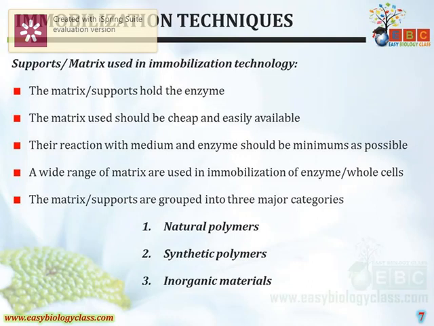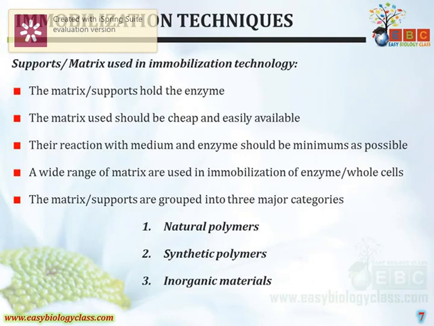If any matrix or support is chemically active, it will change the structure of the enzyme, of the substrates, or of the products. That's why it will cause contamination in the biochemical processes. That's why any support matrix should be chemically inert.